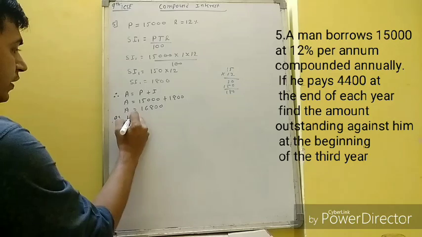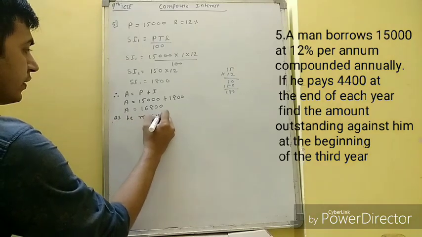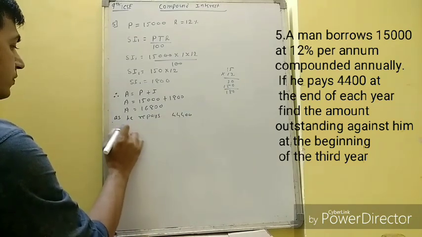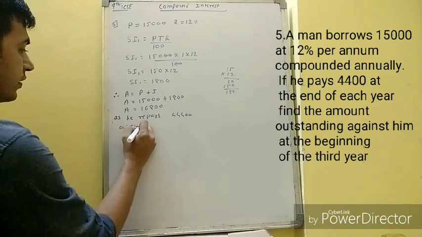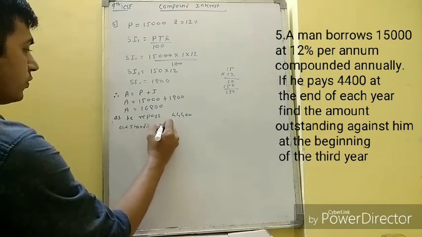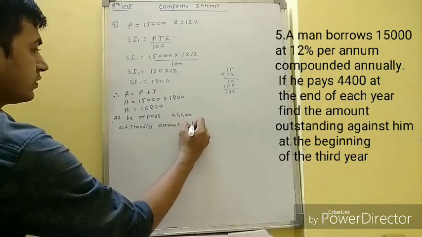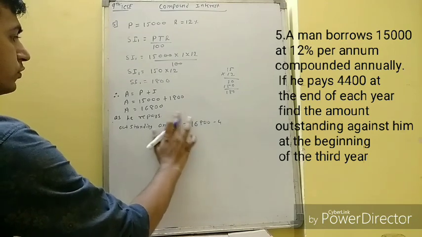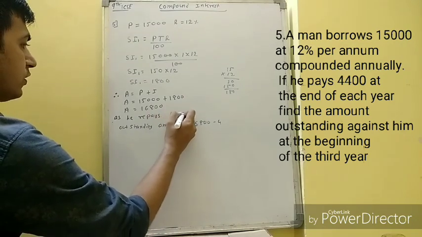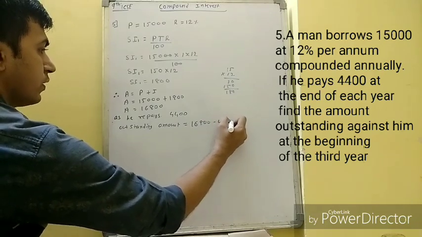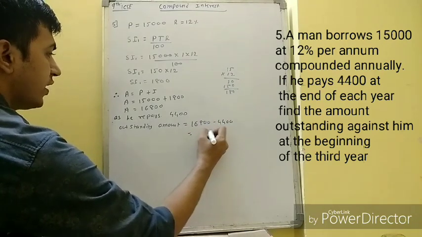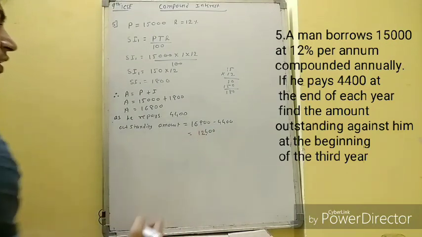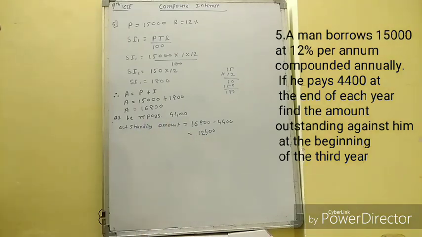As he repays 4,400, therefore the outstanding amount is 16,800 minus 4,400. 16 minus 4 is 12. So 12,400. So next time the interest will be calculated on 12,400.